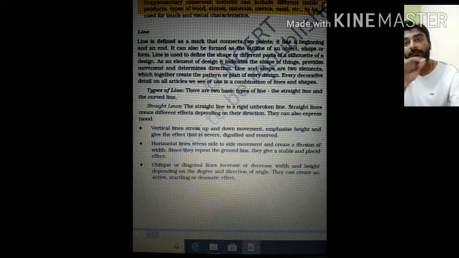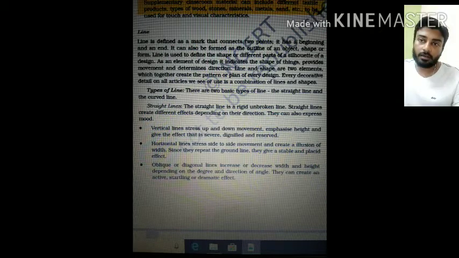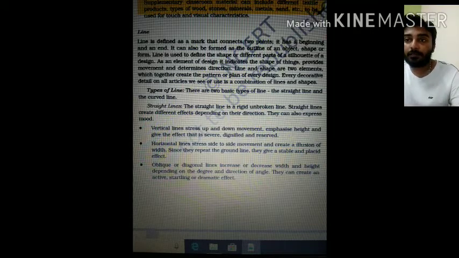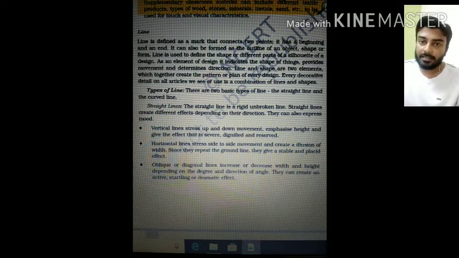These lines are given in that garment, and then the stitches or whatever designs are to be done. As an element of design, it indicates the shape of things, provides movement, determines direction. With the help of these lines, different designs, articles or textures are also given to the garment.